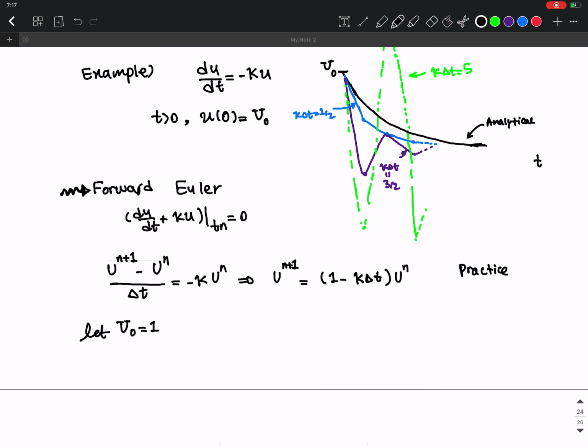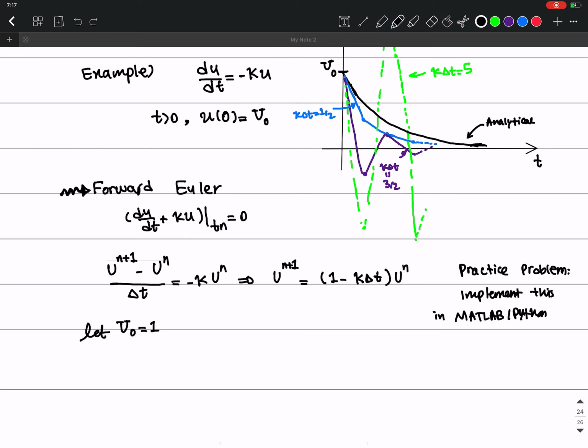Practice problem: implement this in MATLAB or Python and change kappa delta t and see your solutions for n equals a big number, for example 100,000.